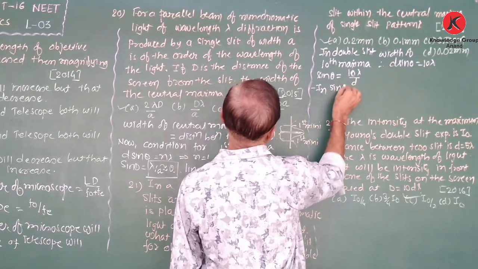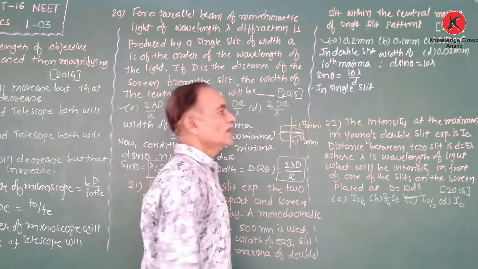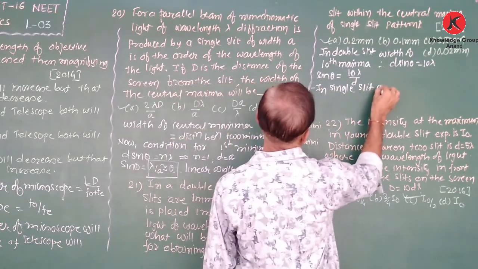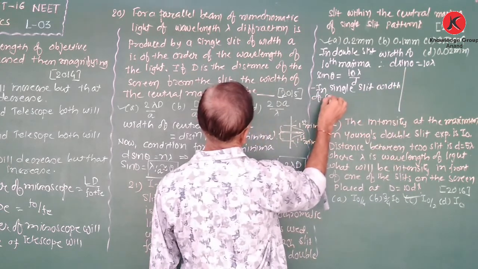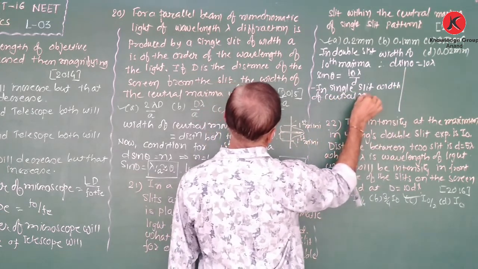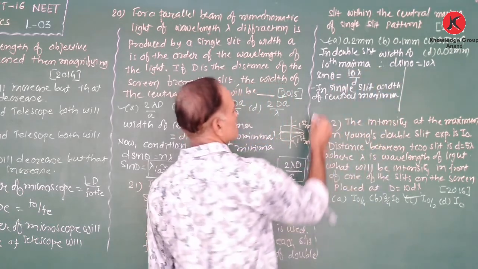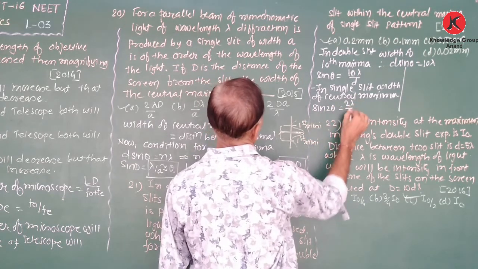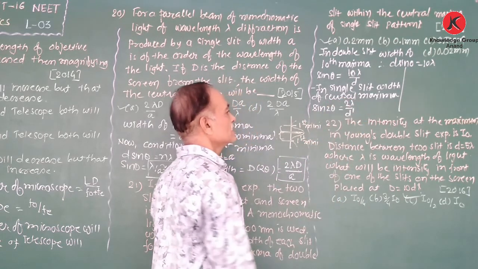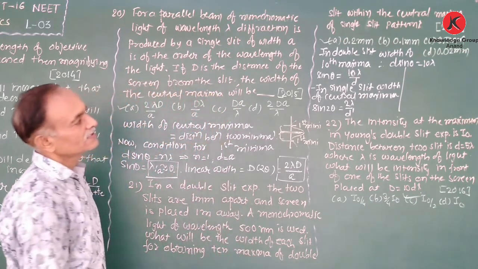And in single slit, the width of central maxima is sin theta is equal to 2 lambda upon d dash. Right?